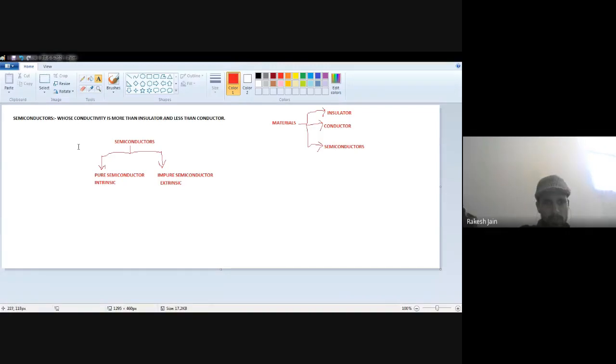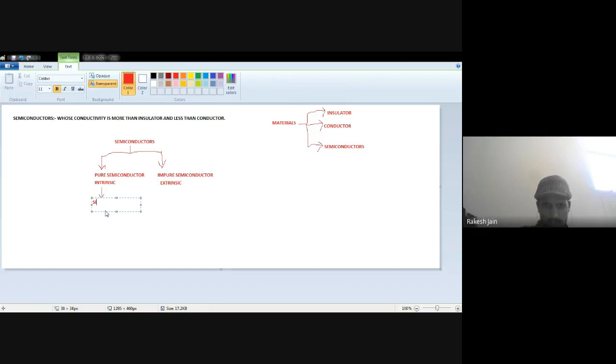Pure semiconductor, impure semiconductor. Basically, which materials do we use for the semiconductor? Germanium and silicon in their pure form. In pure semiconductors, we basically use silicon and germanium.